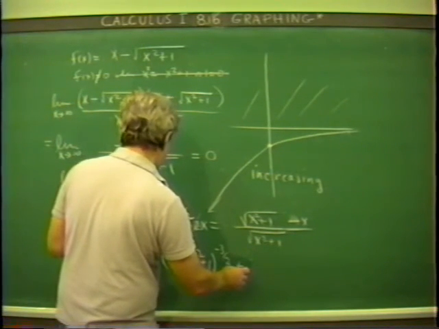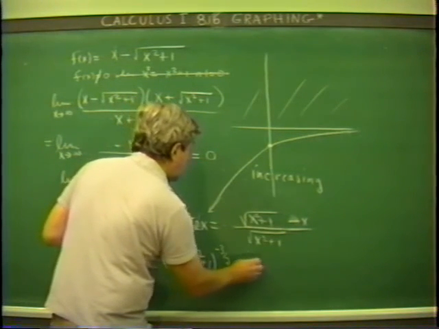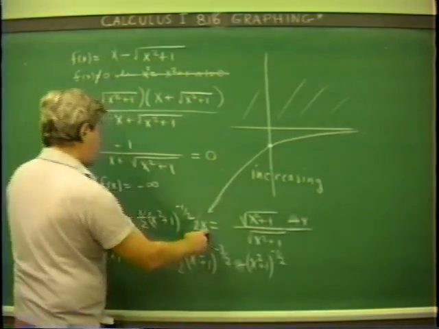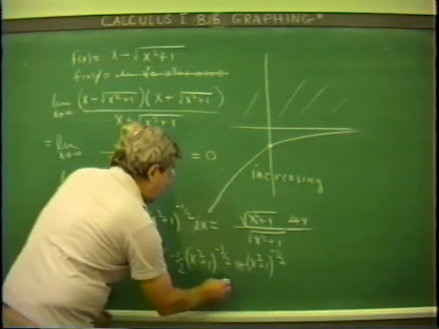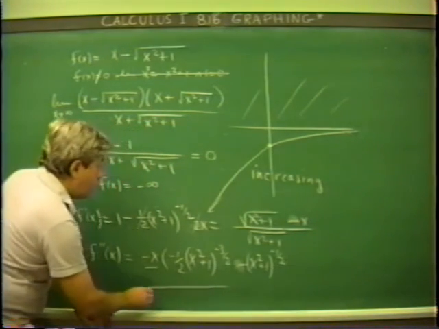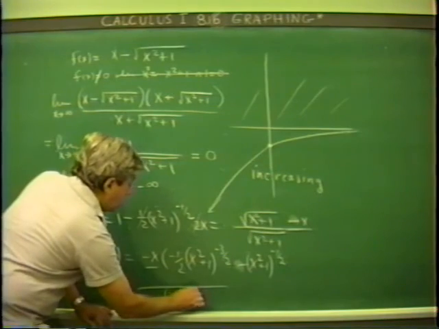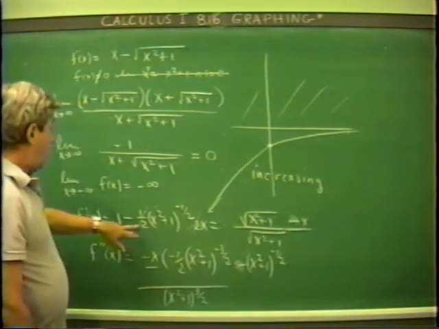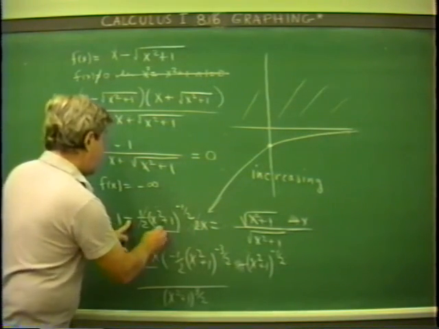That's the first, minus x, times the derivative of the second, plus the second, x squared plus 1 to the minus 1/2, times the derivative of the first, which is 1. So let's put this over the common denominator, x squared plus 1 to the 3/2.